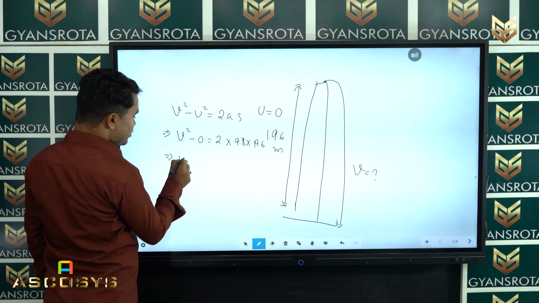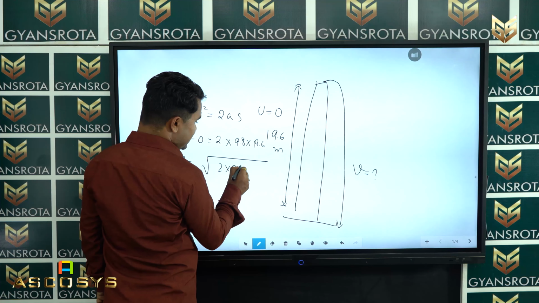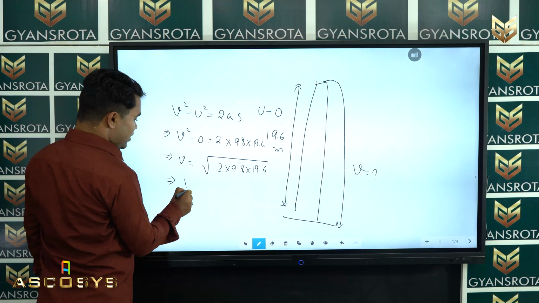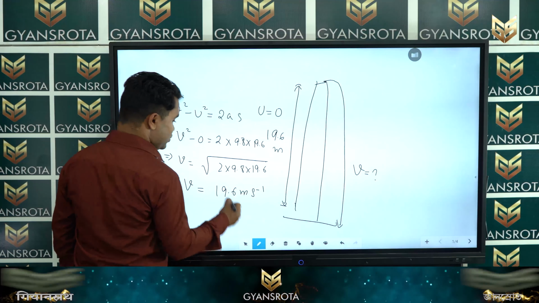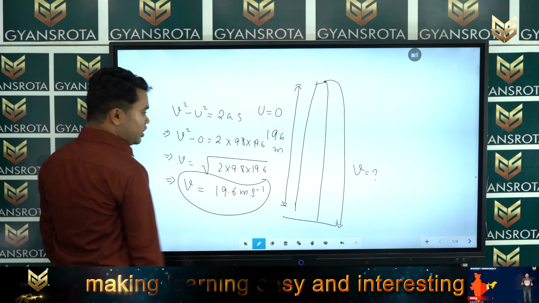So v will be equal to root over of 2 into 9.8 into 19.6. So your final velocity v will be 19.6 meter per second. If you solve the square root, this is the answer which is going to come.